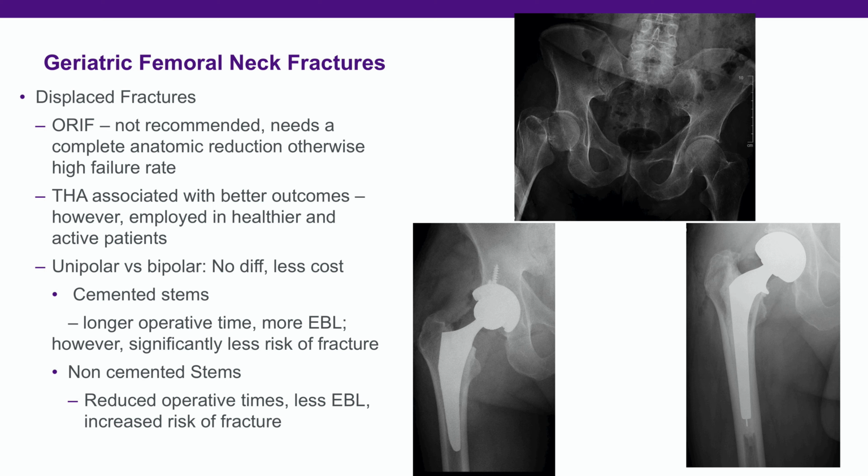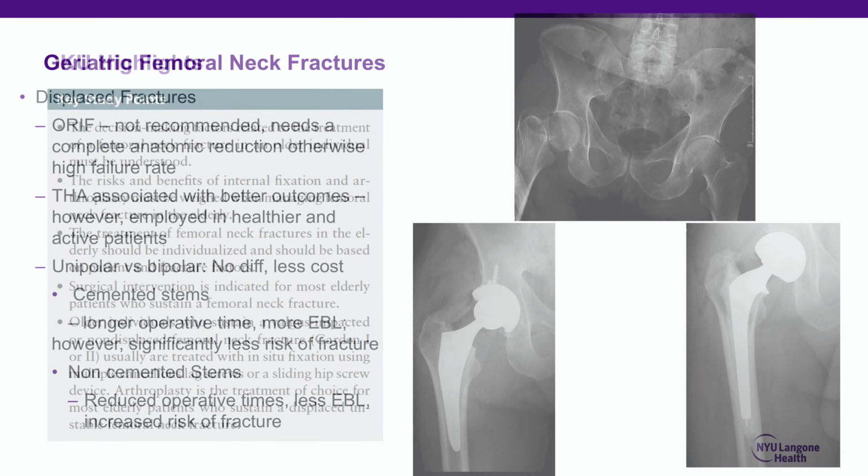With regards to surgical approach, the posterior approach has a higher rate of dislocation. However, the anterolateral approach, which has a lower risk of dislocation, has a higher level of abductor weakness. These are two things that will be often tested on the exam.